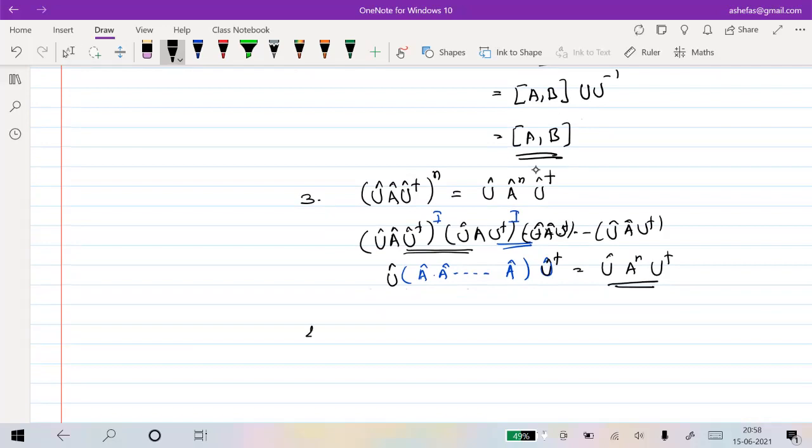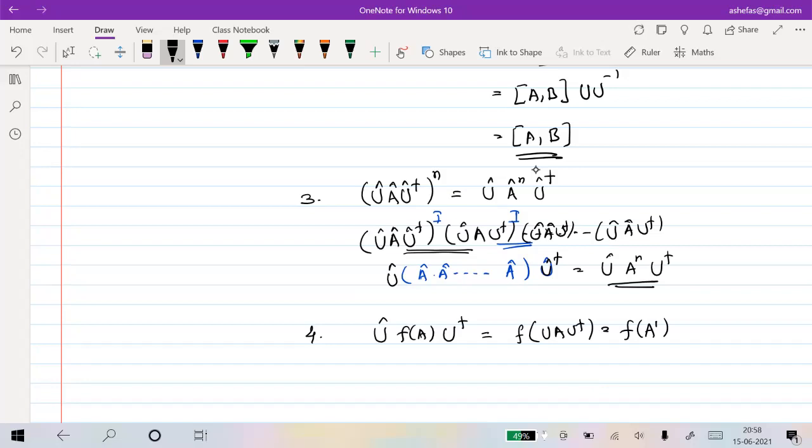Therefore it is possible to write U f of A U dagger as f of U A U dagger, that is, f of A prime.